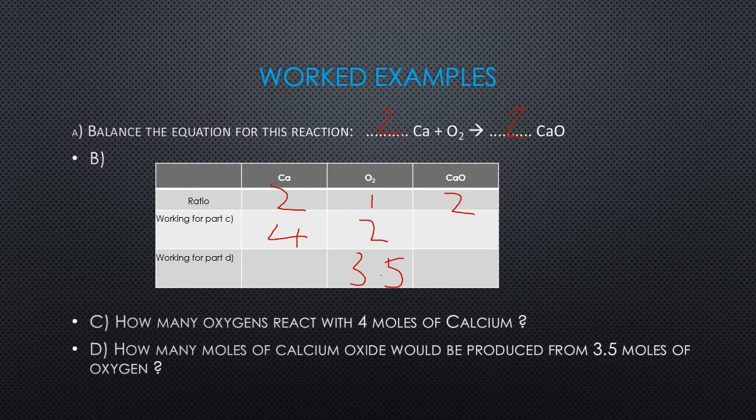So what we can do is we've got 1 going to 3.5, so what we did is times 3.5. We can do the same on the end of calcium oxide, all we need to do is times it by 3.5. And what you should be getting is 7.